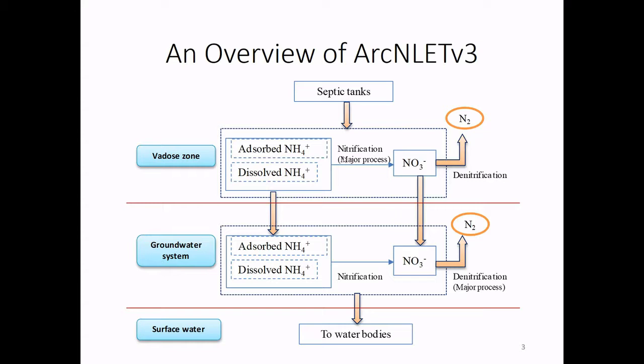So in the vadose zone, the denitrification is very small because it's aerobic condition, and nitrification is dominant. In groundwater, nitrification will be minimal, and denitrification will be dominant because groundwater is more anaerobic condition.